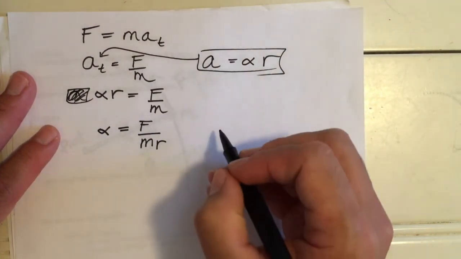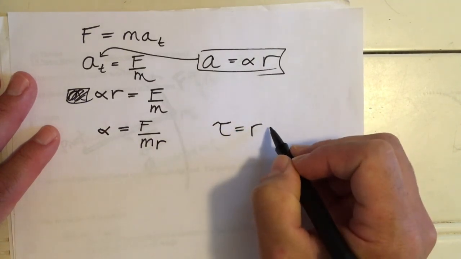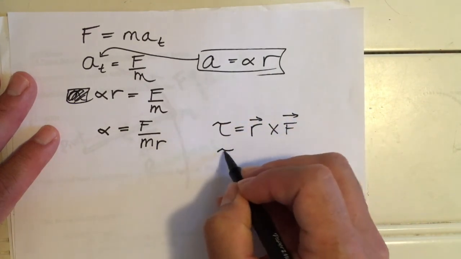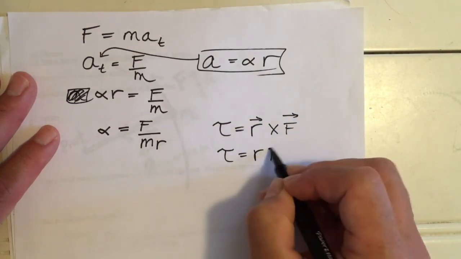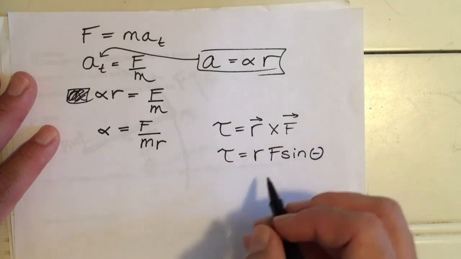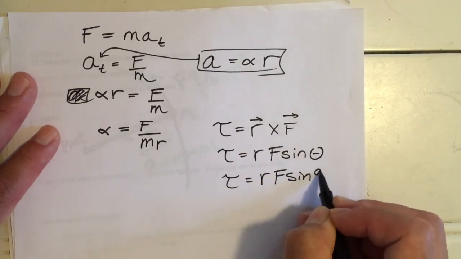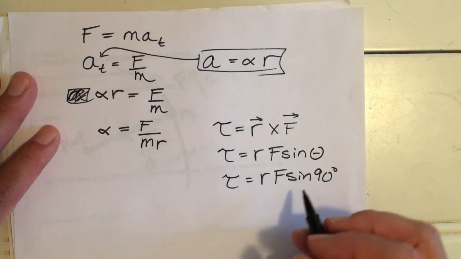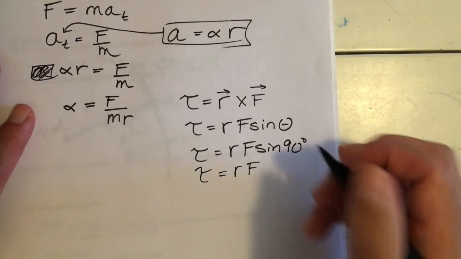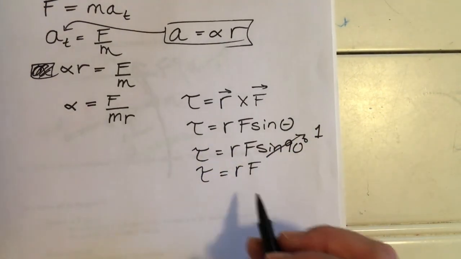So remember that torque is equal to r cross F, right? Which is also equal to rF sine theta. And in this case, theta is going to be 90 degrees. Sine of 90 is 1, so we don't have to write the 1.